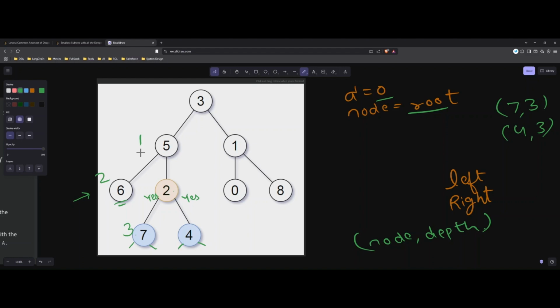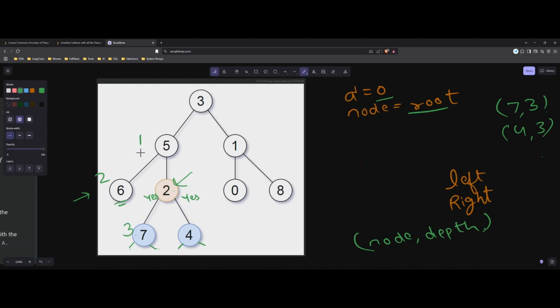So what are the values? It will say the same thing that we did here. So we'll check what is the depth? If the depth is same, it will say yes, the depth is same. The depth is 3. It will say that's good. Then think about it, can this be the common ancestor of it? We'll say yes, this will be the ancestor because the length is the same, right?